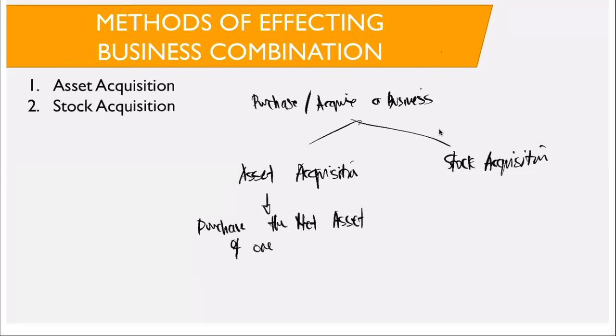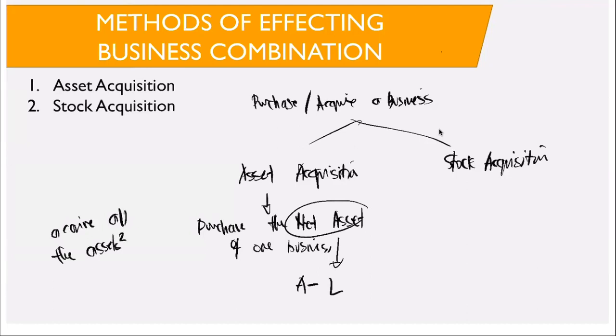of one business. So what do we mean by net asset of one business? When we say net asset of one business, that is asset less liability, meaning we acquire all the assets and liabilities of one business. So what will happen?